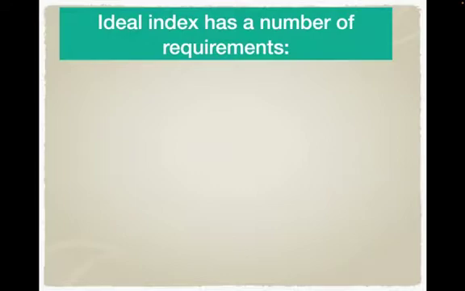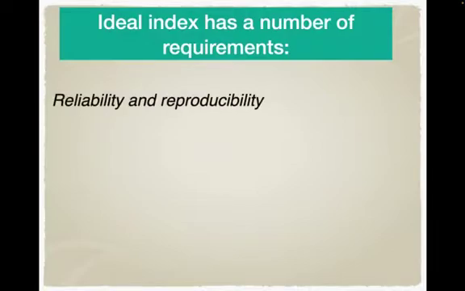So before going into the examples of the indices, what should these indices have? They should be reliable and reproducible. So if you repeat this measurement, it should give the same result again. It should be valid, which means it should measure what it is meant to measure. When a score is high, it means that this patient is in need of treatment, and when the score is low, this patient really doesn't need treatment.